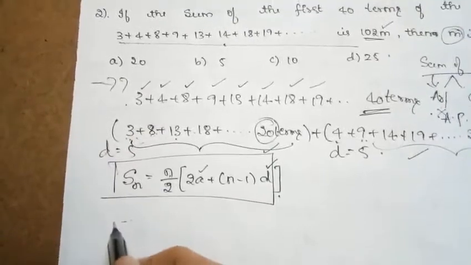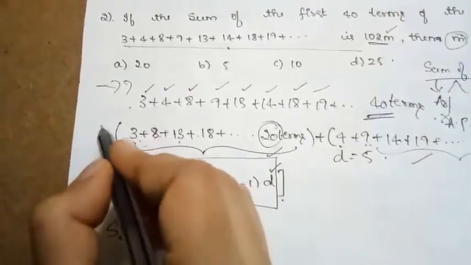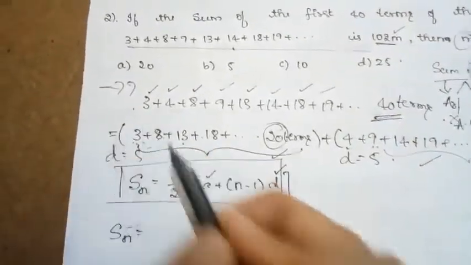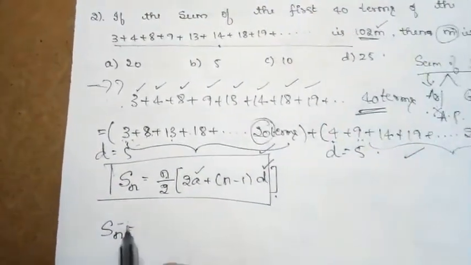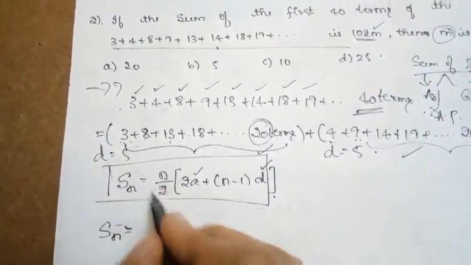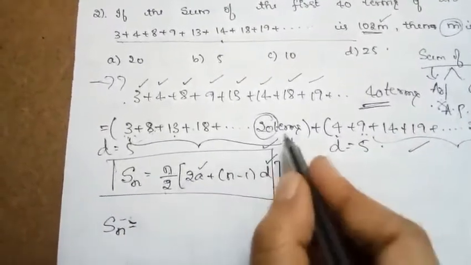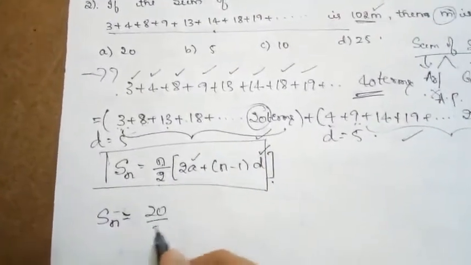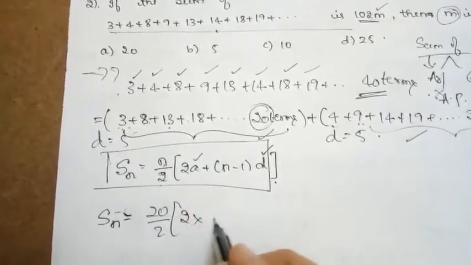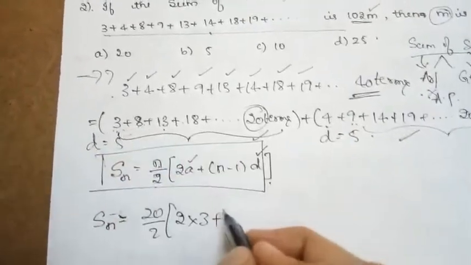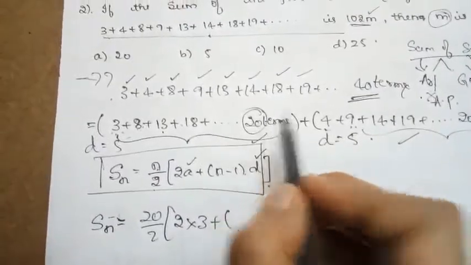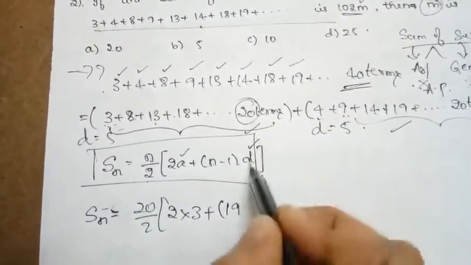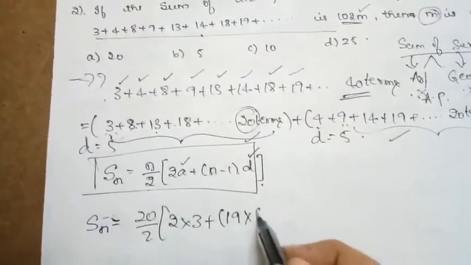So you need to apply this formula to both this series as well as this series. Sn is nothing but the sum of this whole series. They have given the value of that Sn as 102m. Let us use that Sn value later. So n is 20: 20 by 2, 2 into 3, our a is 3 here, plus 20 minus 1, it is 19 into 5.